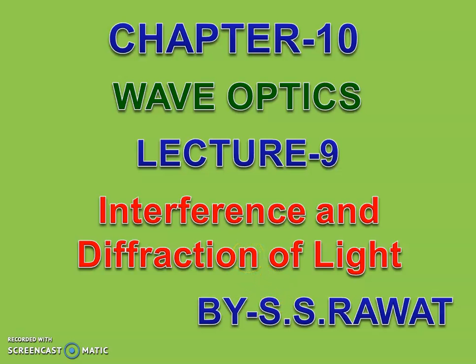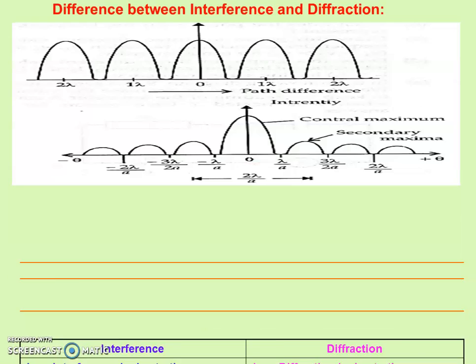So, students, you know that interference is the phenomenon in which we get maxima and minima, means constructive and destructive interference, right? So in interference there are two sources. These sources are monochromatic sources.